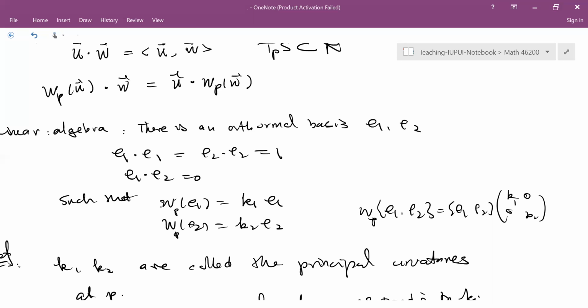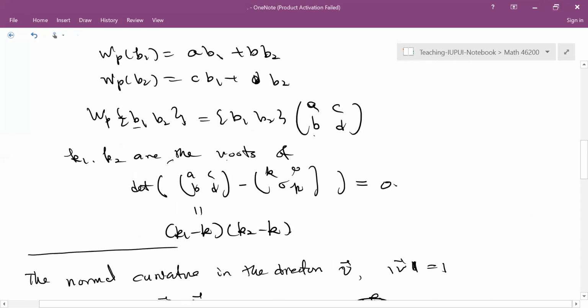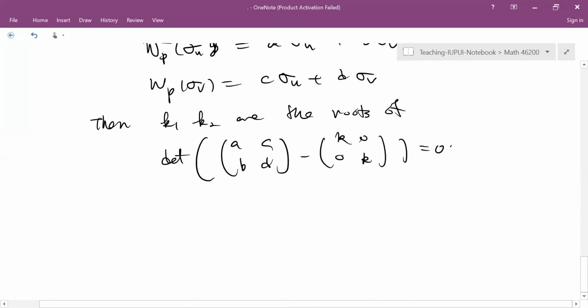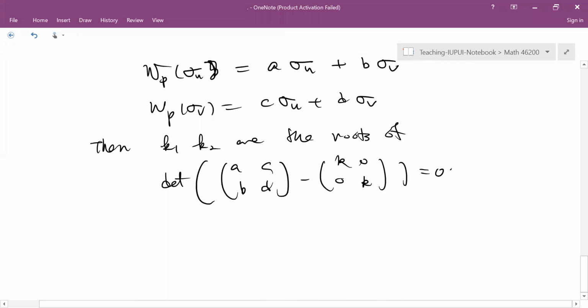And here in the first step, we are trying to find the eigenvalues using the matrix. Given an arbitrary basis, you get a matrix. Now, what are A, B, C, D?